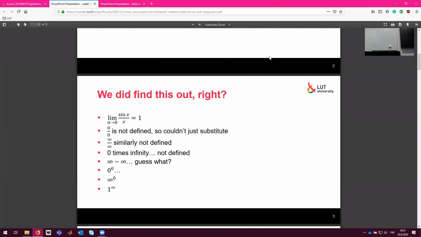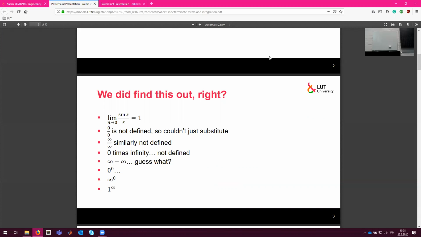We did that by showing that sine x stands for the height of a triangle, and x, if we're using radians, is the angle of the sector, and we could use that and the triangle and sector areas to show that this approaches 1. But there are other methods of finding this out.